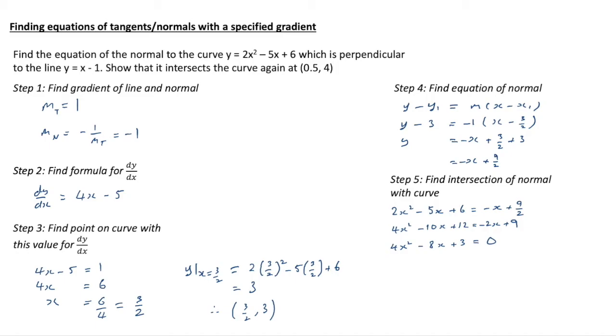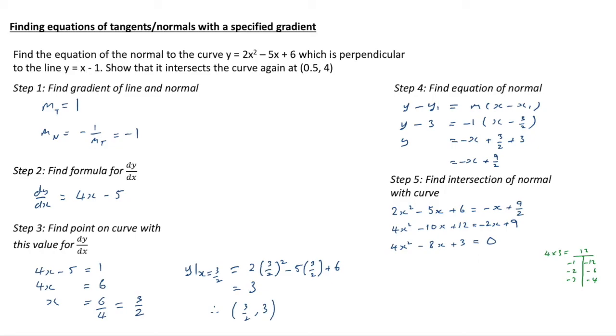Now we then need to factorise that in order to solve it. There's different ways of doing this. One way of doing it is to multiply the x squared coefficient with the constant, which gives us 12, and then find pairs of factors which will add up to our minus 8, which is the coefficient of x. And obviously if we have a minus coefficient there and the 12 is positive, we need minus times minus.